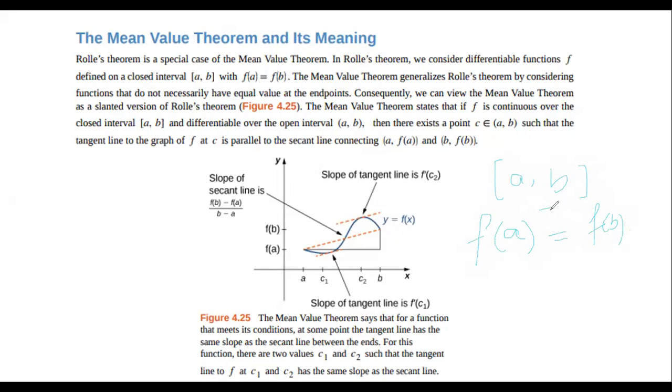So there will be two possibilities, that it will be equal or it will not be equal. So there's a slight difference between Rolle's theorem and the mean value theorem, and Rolle's theorem is a special case of the mean value theorem that I described in the previous lecture.